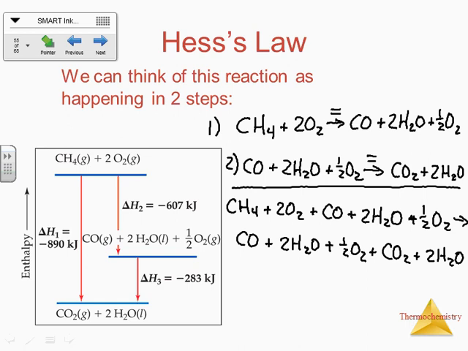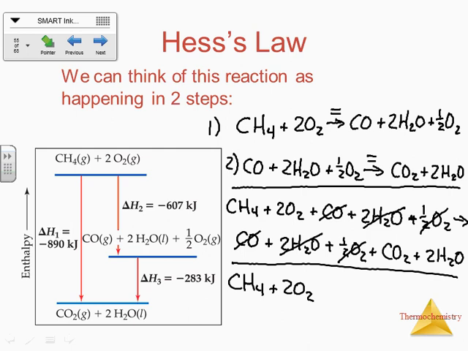All right, so we're going to start doing that. We've got 2H2O here, 2H2O here. We've got a carbon monoxide here, carbon monoxide here. We've got a 1/2 O2 here, a 1/2 O2 here. Okay? So when we've canceled out everything that we can on both sides of the equation, what we end up with is CH4 plus 2O2 gives us CO2 plus 2H2O.